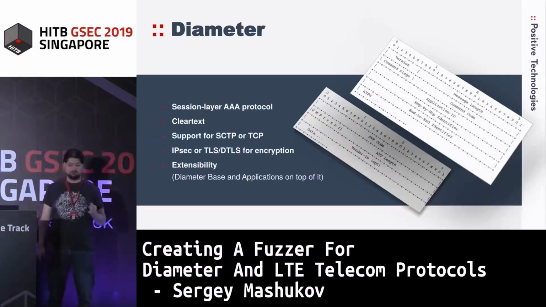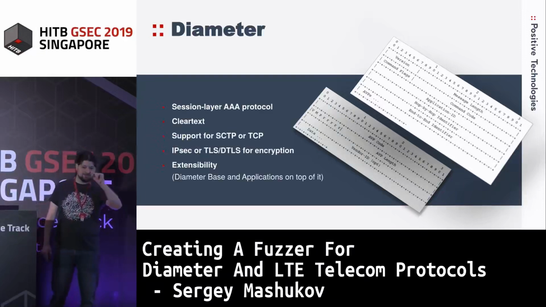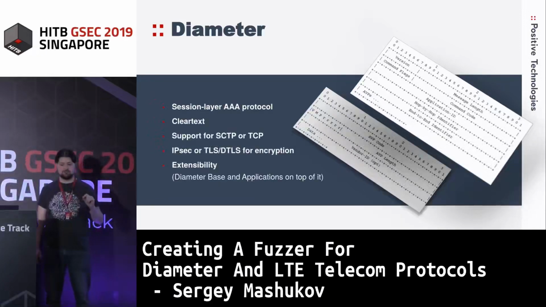So again, extensibility is kind of a weak part of Diameter, just because any message has a part in its definition where, okay, it's a message, here are the information elements that you include there, and here is any number of any information elements that you can add.